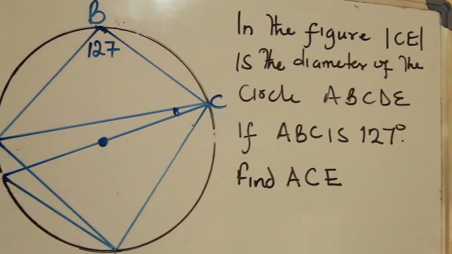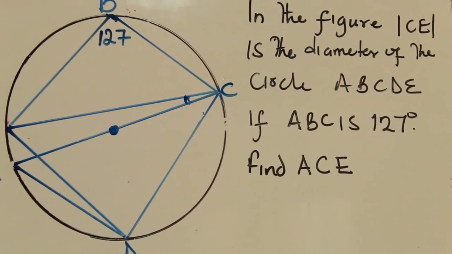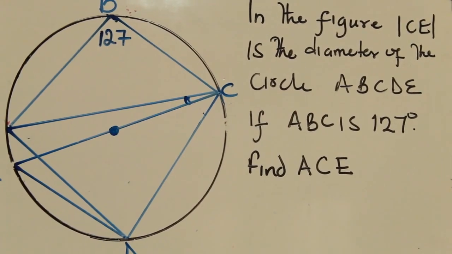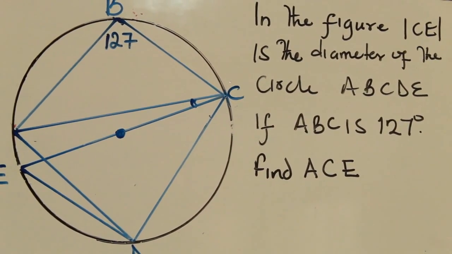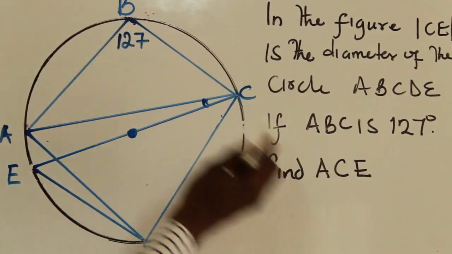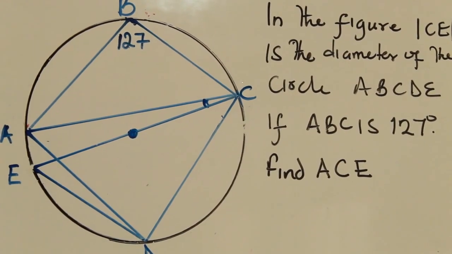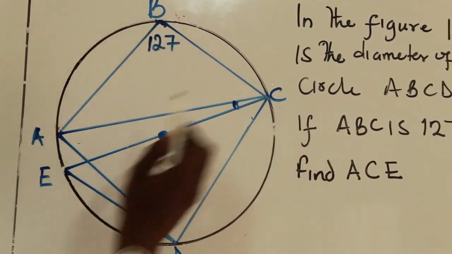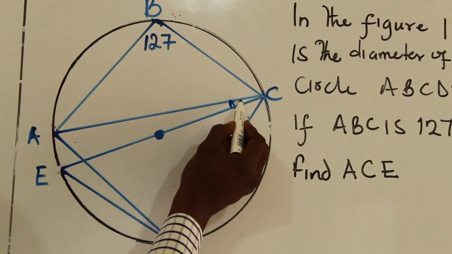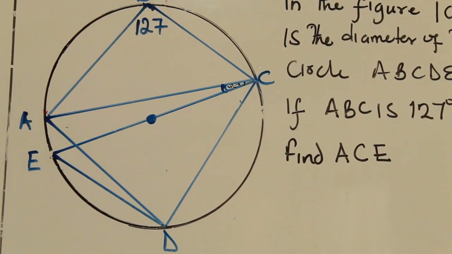The circle was lettered A, B, C, D, and E. If ABC is 127 degrees, we were asked to find ACE. The angle formed here, a tiny angle formed here.